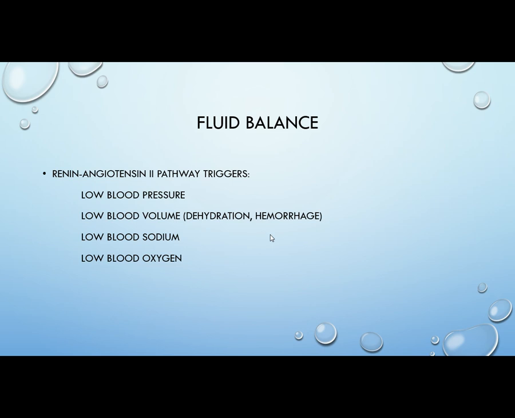Now let's move on to our fluid balance and look at the renin-angiotensin 2 pathway triggers. Here are some of the triggers for you on your pathway. You have a chart on page 154 that you need to know. I have not put that on here, but I will talk you through it.